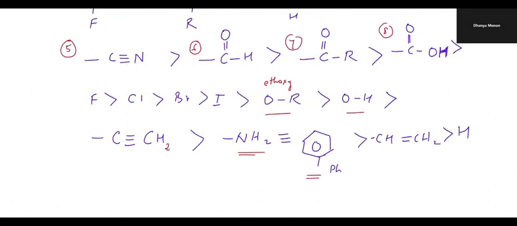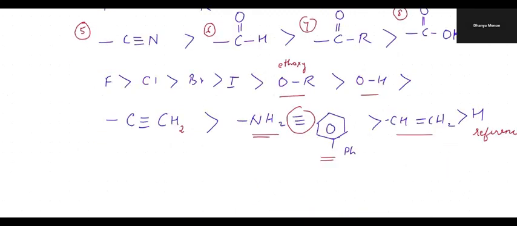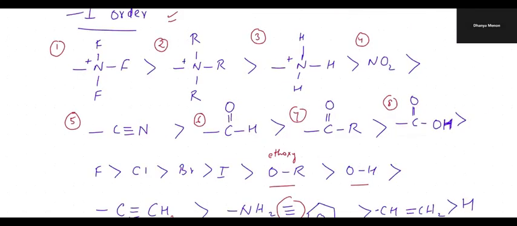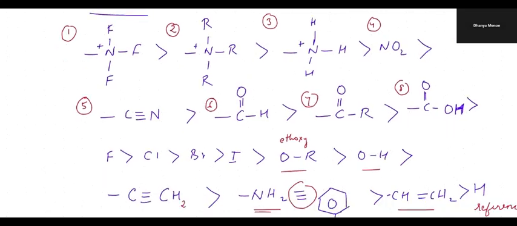That is why there is an equal sign; both are similar in strength for the minus I effect. Then I have CH2. Then hydrogen is taken as a reference. So these are the groups, in the order that they show minus I effect, that is the electron withdrawing effect. Please take a screenshot of the order. There are many in between, so we have taken just the most common ones.